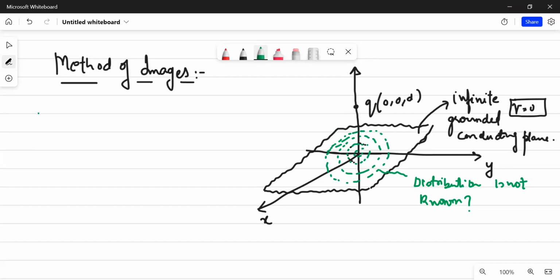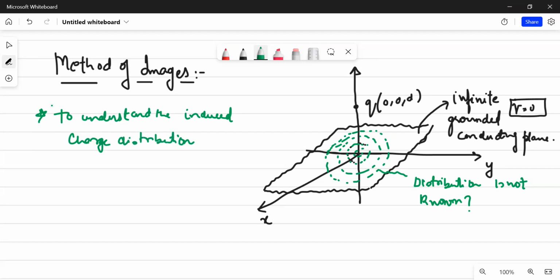To understand the distribution of charges, to understand the induced charge distribution, is a complicated problem in general. How it is distributed, and all those things, are very difficult to understand.